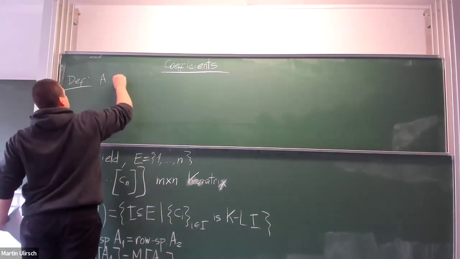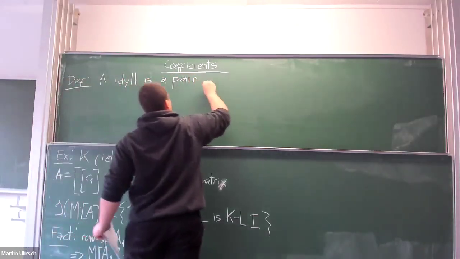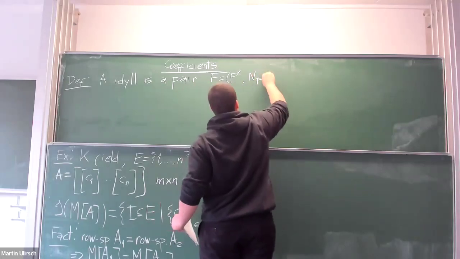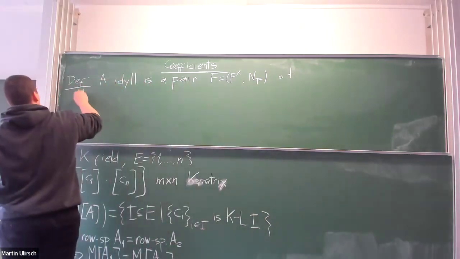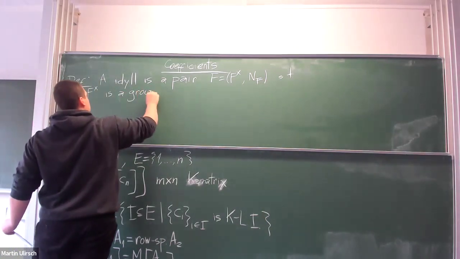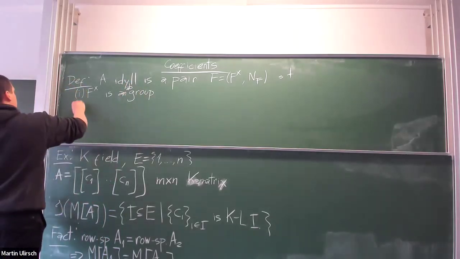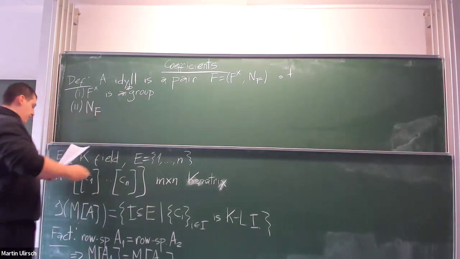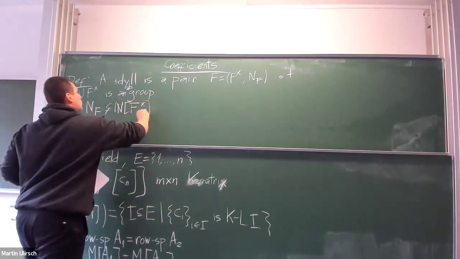An abelian group. And F is the null set of F. This is a proper semiring ideal.